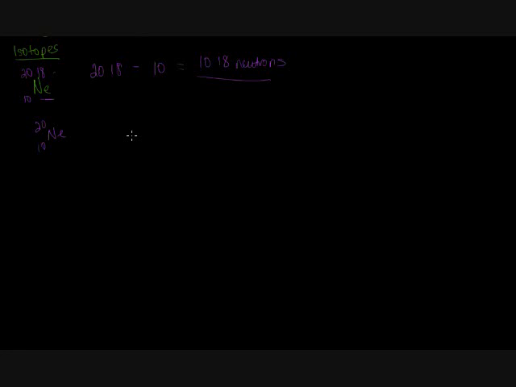But then you have a neon here, 10 protons, 10 electrons, atomic number 10, but your mass number might be 19. And then you might have another one here, and you have a 21. So basically, over here you have 10 neutrons, over here you have 9, over here you have 11.